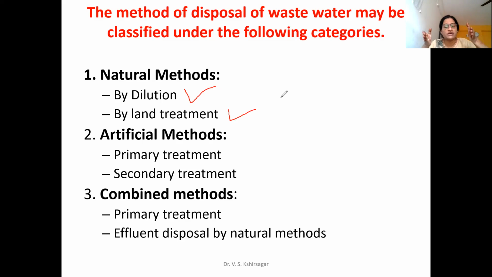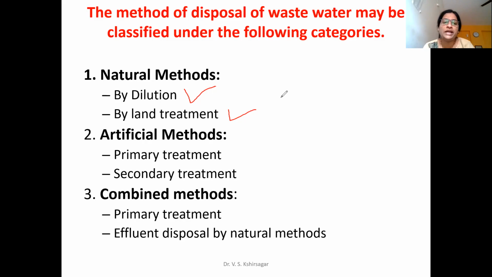The river water body has a huge amount of clean water already, and in that, a small quantity of sewage you are adding. So you are diluting that sewage by adding it into a good amount of clean water. That is by dilution.